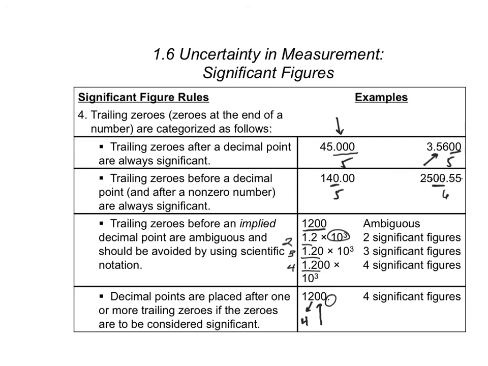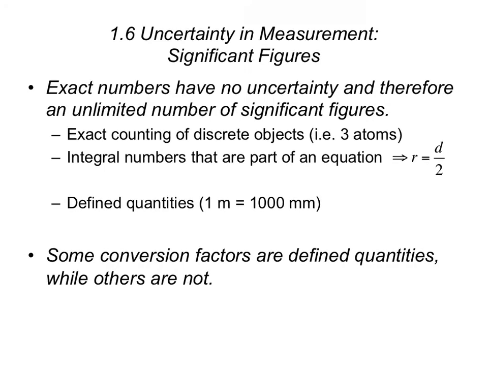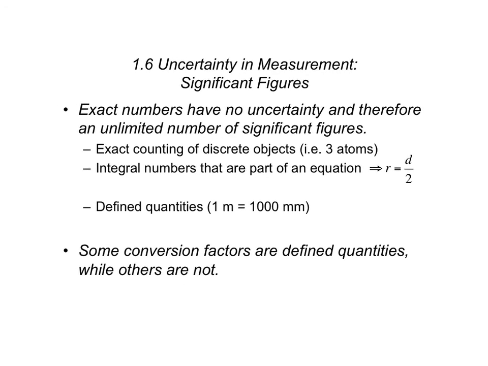Okay, one more thing. Those are all of the rules. What happens if I have what is called an exact number? So an exact number is going to be an actual number, right? So let's say I have 5 people. That's an exact number. So 5 people. Exact numbers are essentially infinite in their amount of significant figures.